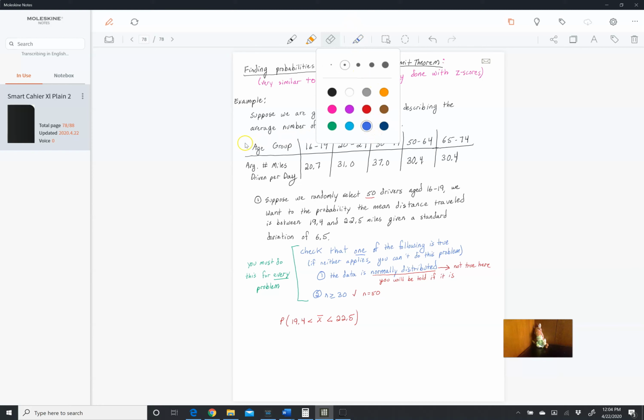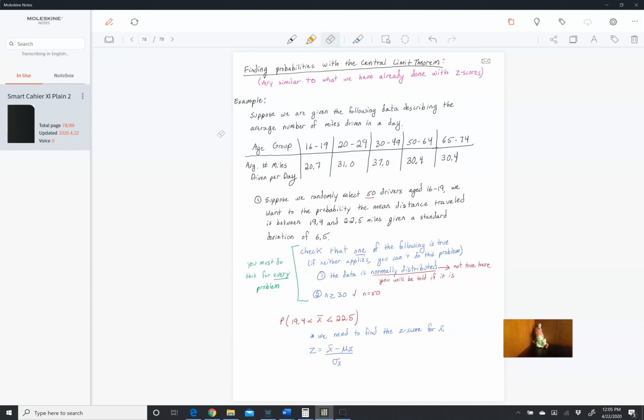So this is going to be the same for every problem too. So the only difference is z is equal to x bar minus mu x bar over the standard deviation x bar.